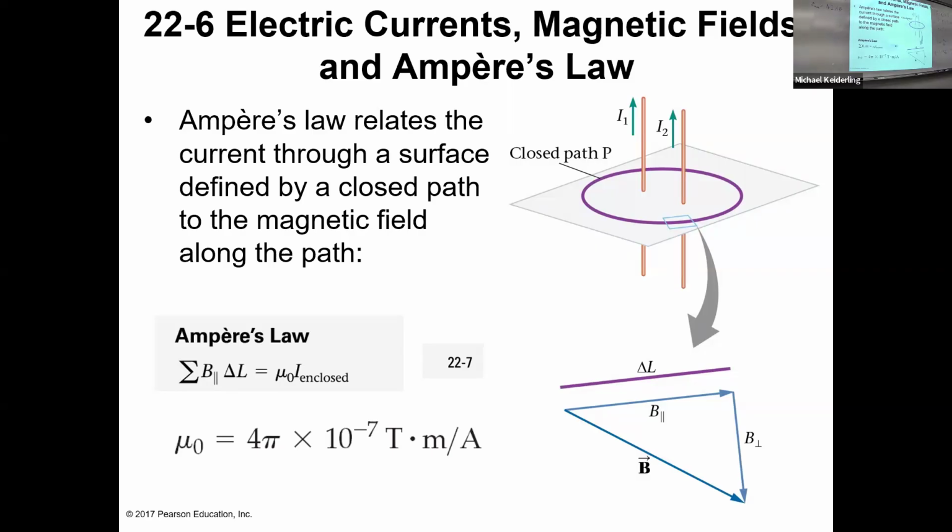It is exactly 4 pi times 10 to the minus 7, because the amp is defined by the force between two wires, and it works out that you get 4 pi.